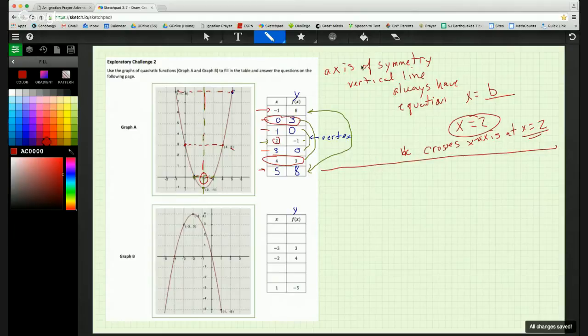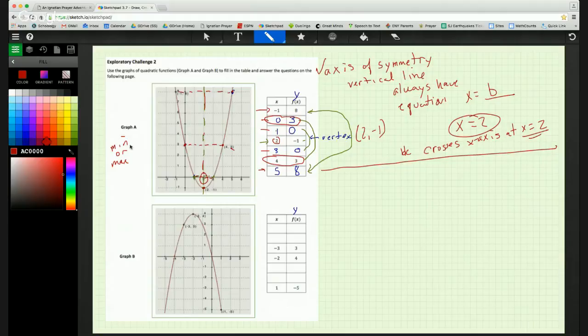Okay, so we talked about our axis of symmetry. Our vertex here, I did call it out. So our vertex is 2, -1. And we talked about how our points reflect across the axis of symmetry. Now ask yourself, does this have a minimum or a maximum? The vertex is always at the minimum or the maximum.